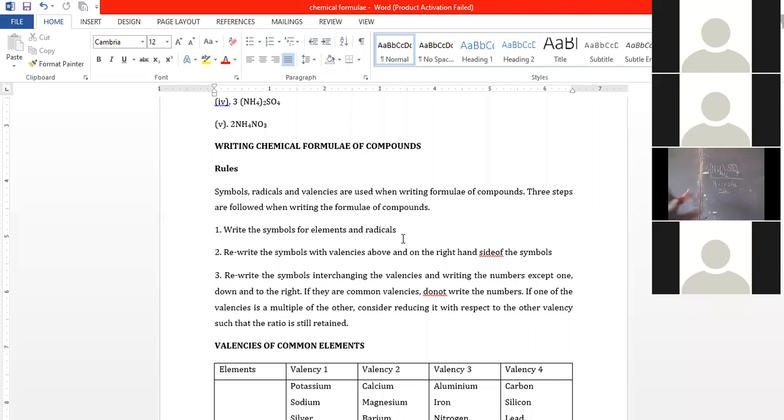If I put these brackets here, it means they only affect whatever is inside the brackets. Anything that is outside the brackets is not part of what is inside. So my 2 outside the brackets only affects nitrogen and hydrogen, but not the sulfate and the other side. Is that okay? Yes, thank you.